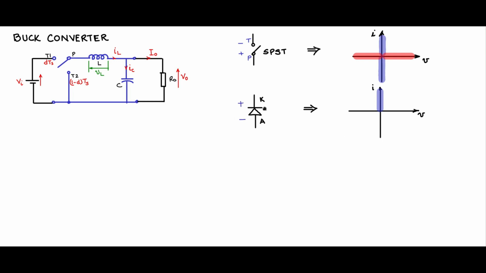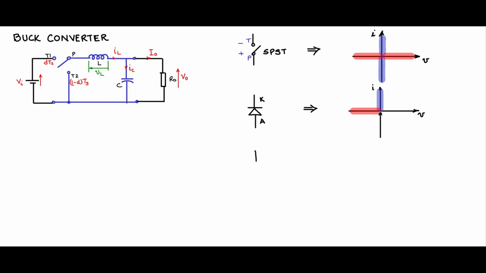Will the diode support voltage from cathode to anode? Yes, but cathode to anode is the negative voltage. Can it support positive voltage from anode to cathode, during which time it will be forward biased?